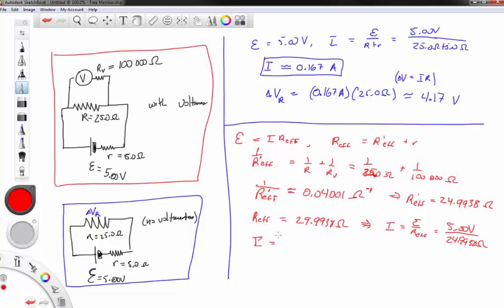The current drawn by this new circuit is going to be about 0.16670. So it's actually a little larger than the current up here, because this was 0.1666666 repeating. So here we have 0.1667014 amps.